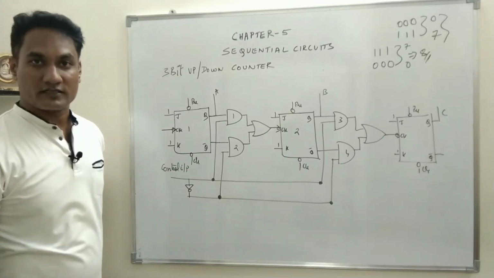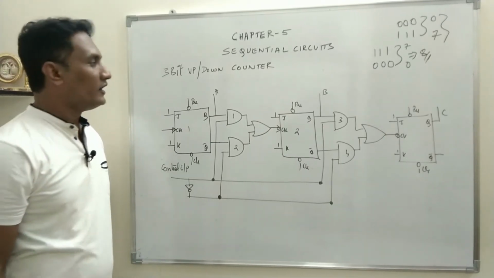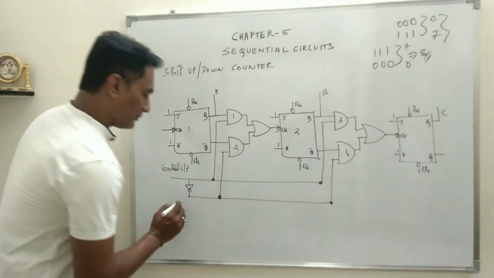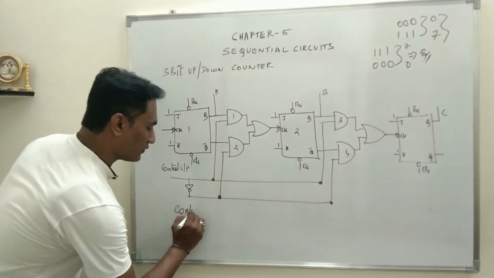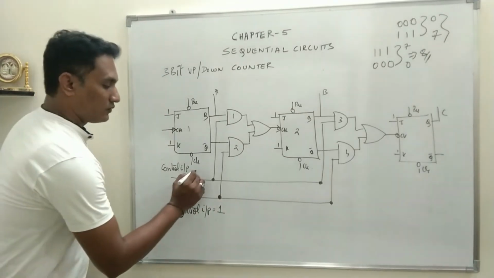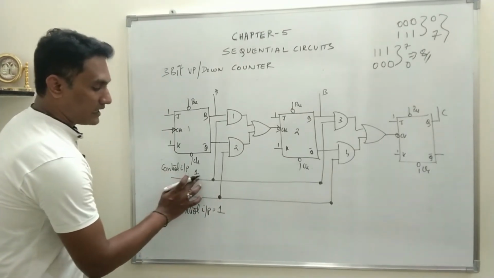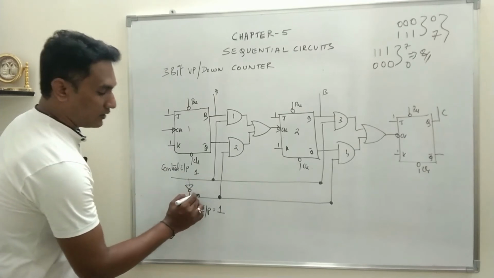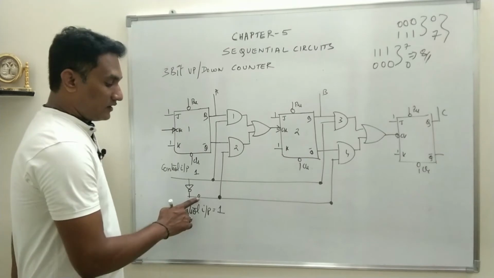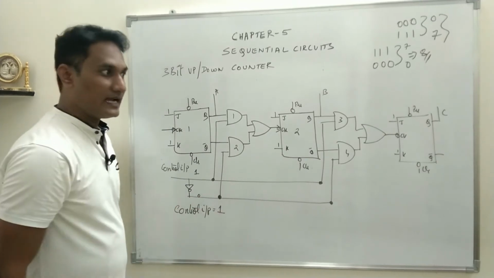You already know what is the difference in the construction part of an up counter and a down counter. Let us try to understand what happens when control input is given. So if the control input is equal to 1, the upper line is 1, and through the NOT gate the lower line is 0. And you know the property of an AND gate, if any one of the inputs is 0, the AND gate will be deactivated.